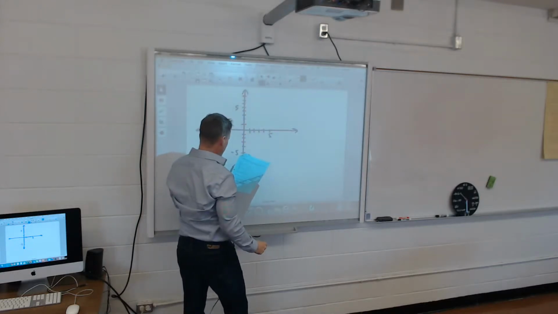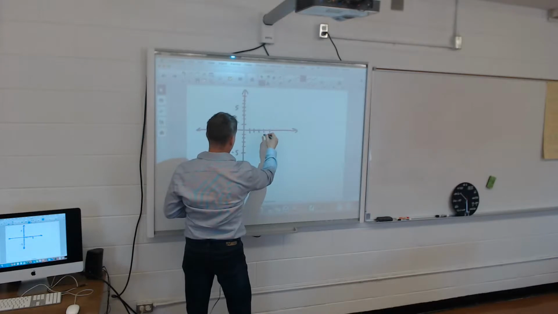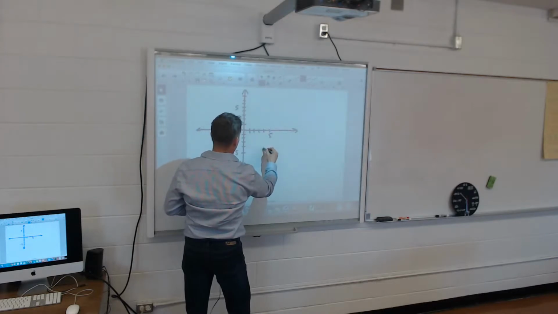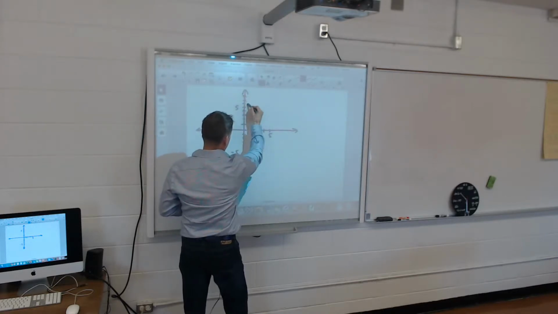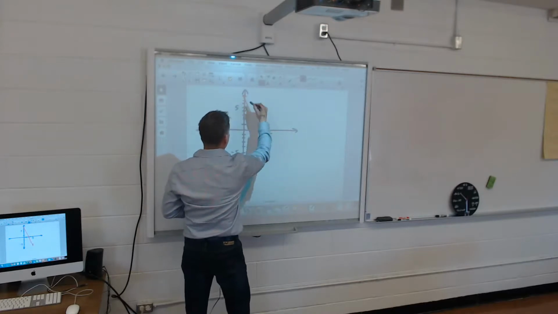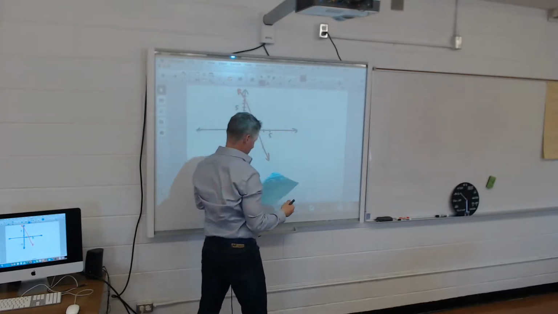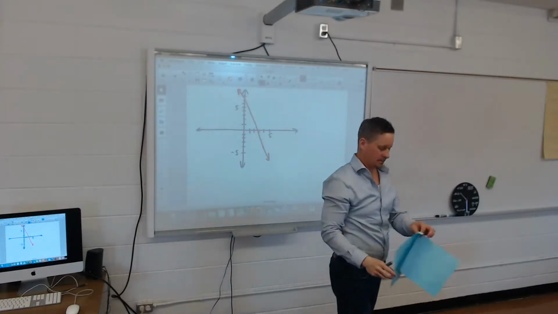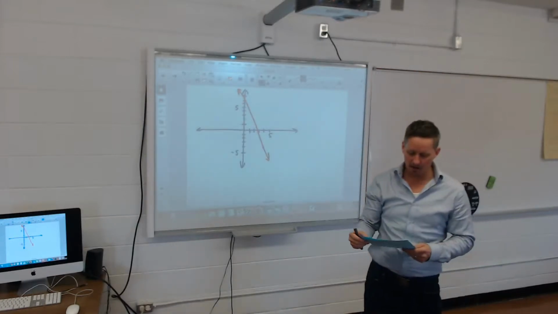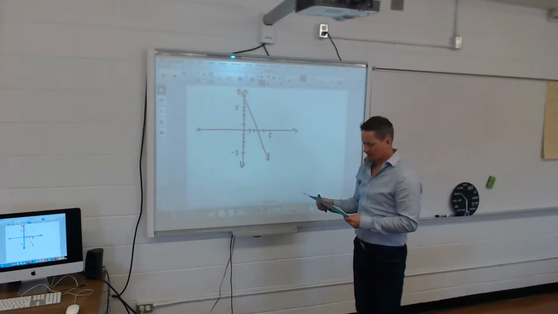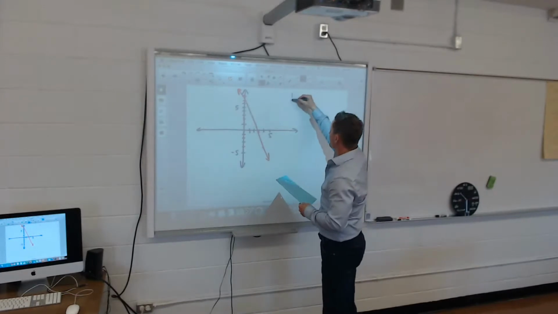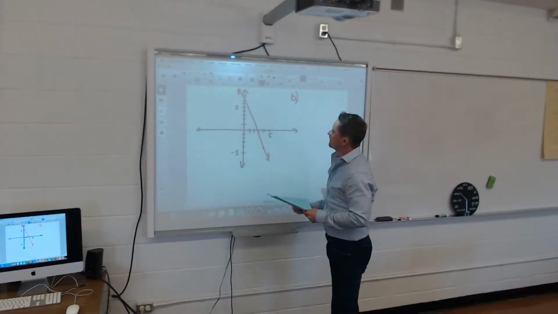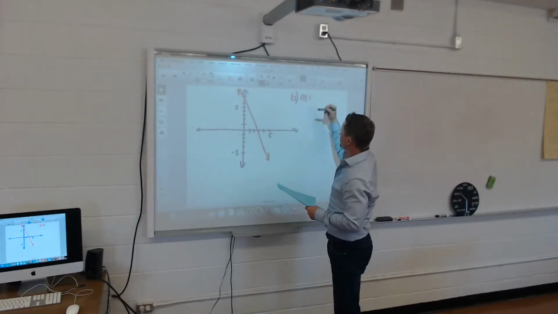The second coordinate was 4 and -4, which is down here. I asked you to draw a line through them. So there was your A part. Your B part was find the slope of them.